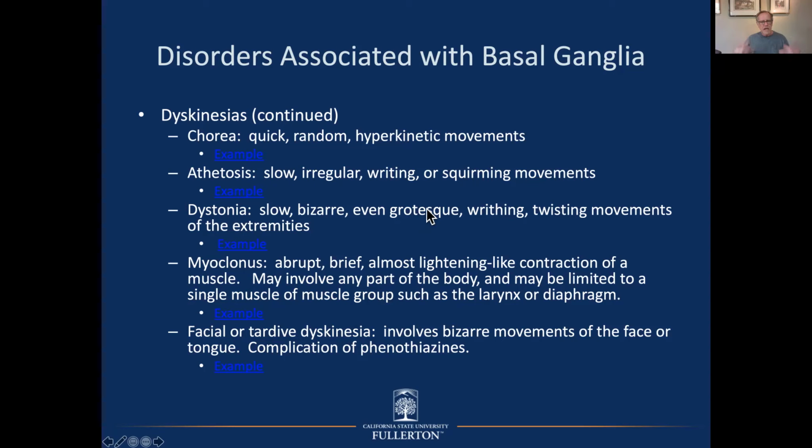You can have dystonia in other parts of the body, but you can have dystonia that just involves here. And the most common cause, for the patients I saw, was always a psychotropic medication, a very strong tranquilizer for something like schizophrenia.